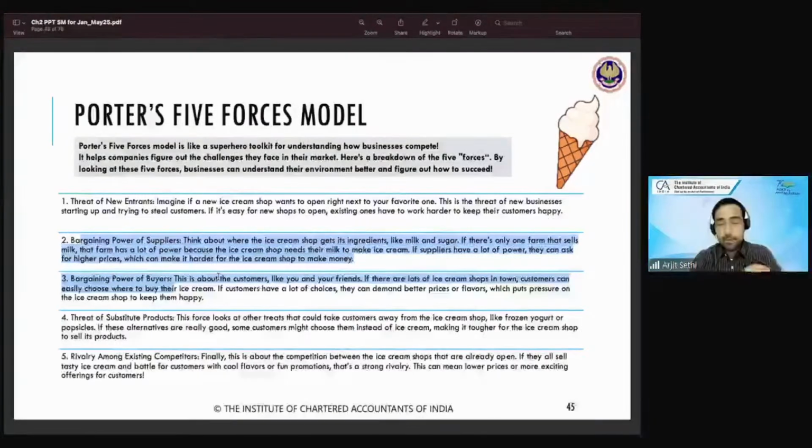Now, if Flipkart and Amazon are only dependent on one big company for all their cartons and boxes, then that supplier will have an advantage. So what companies generally do is they keep multiple suppliers so that they are not dependent on one.